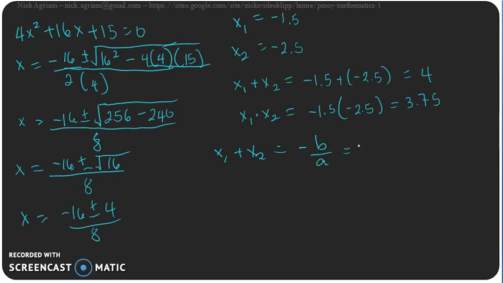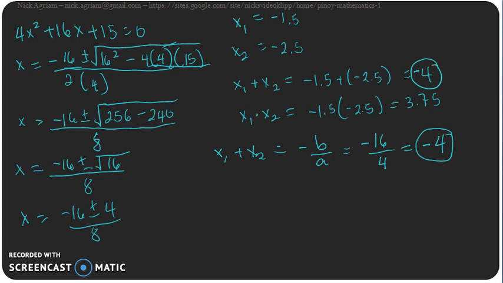So if we take negative b, which is 16, divided by a, which is 4, then we have negative... Why did I get negative? It should be negative 4. Negative 4 there. It's the same there.